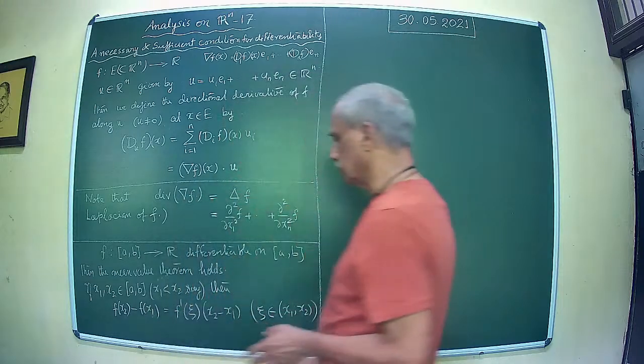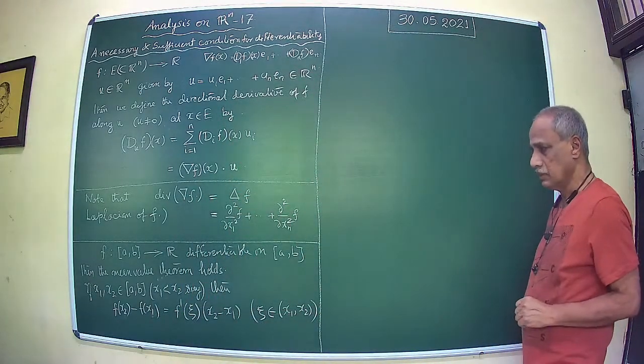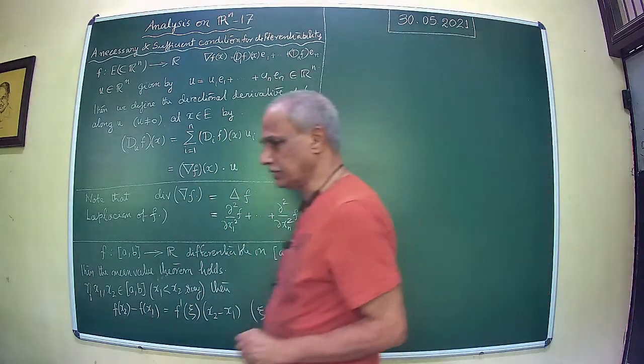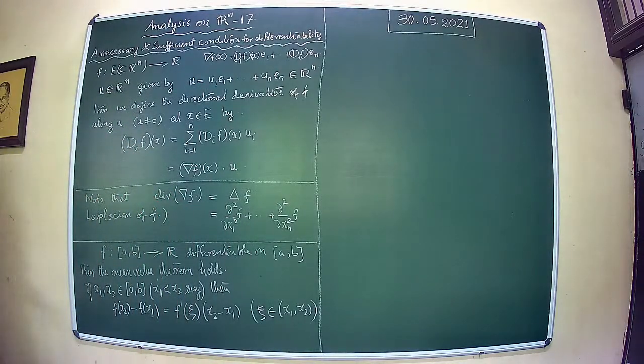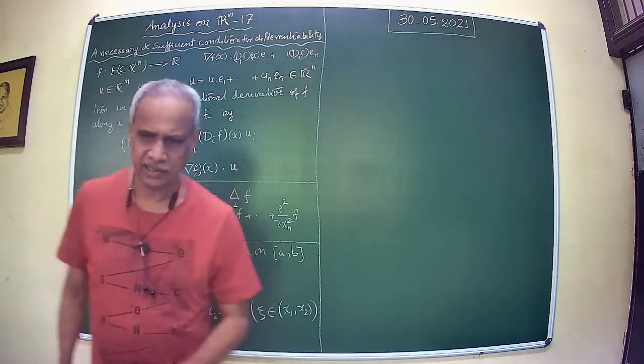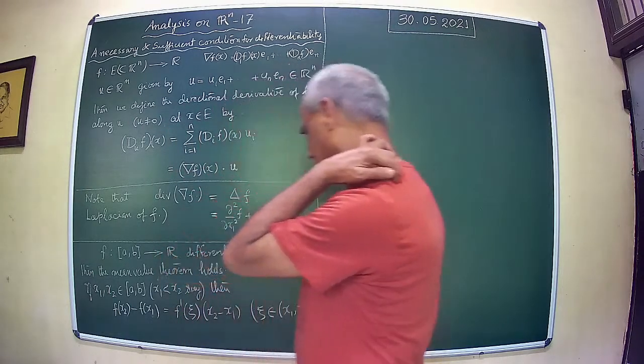This is the mean value theorem. It talks about the existence of a point lying between x1 and x2 such that this property holds.